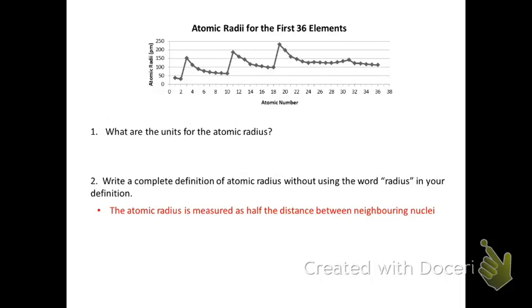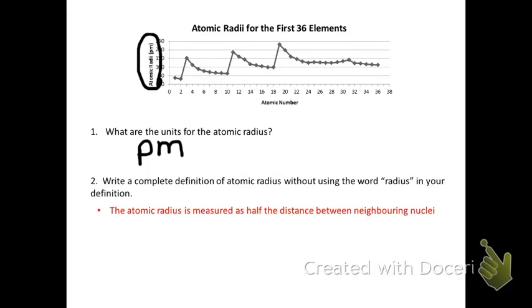Alright, so first of all, let's get started with looking at the units for radius. If you look here along our graph on the y-axis, the atomic radius is measured in PMs. What does PM stand for? Well, it stands for picometer.